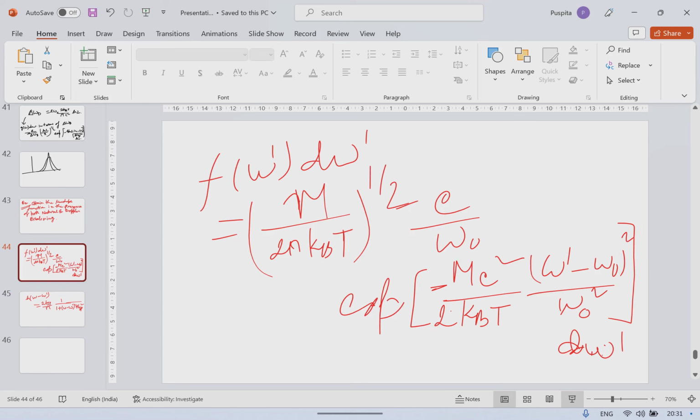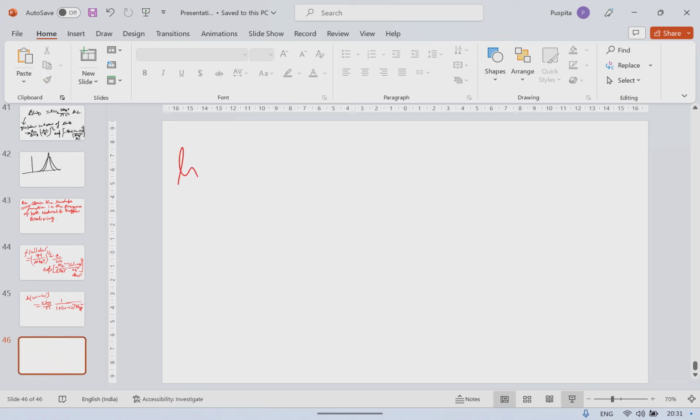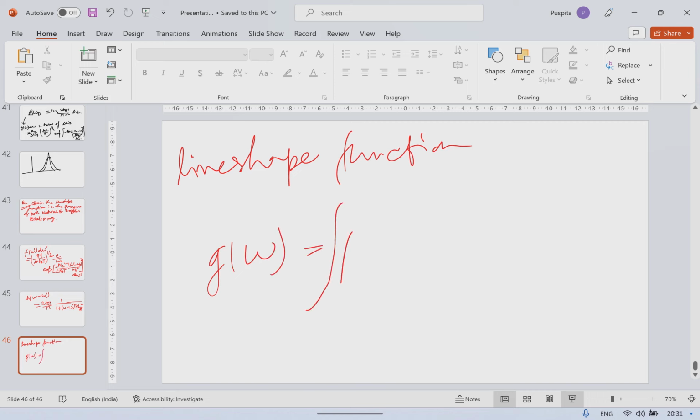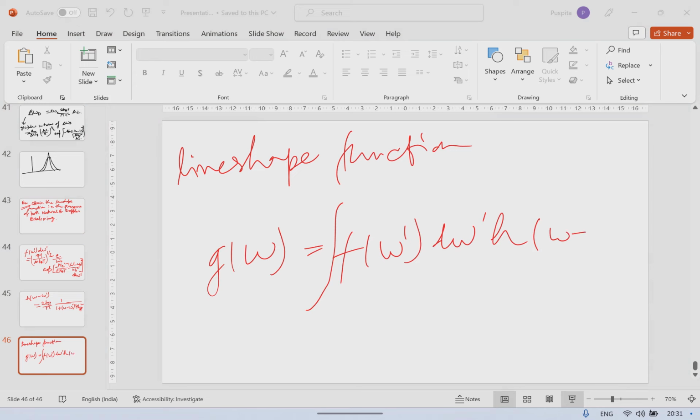Doppler effect is due to the velocity distribution, so we need to take the velocity distribution into account. So the line shape function will be the integral of f(ω') dω' times h(ω minus ω').